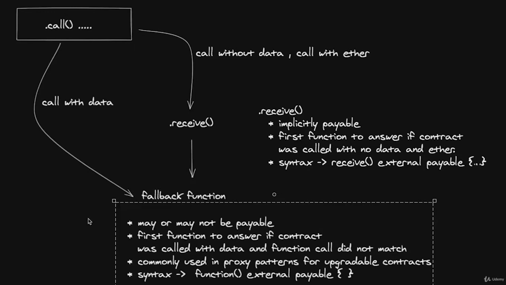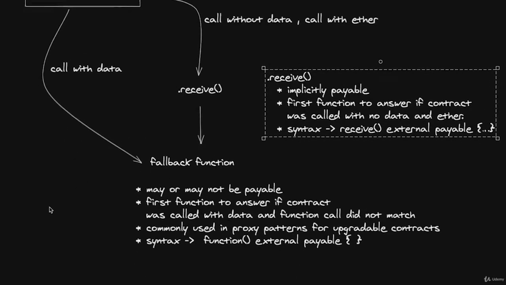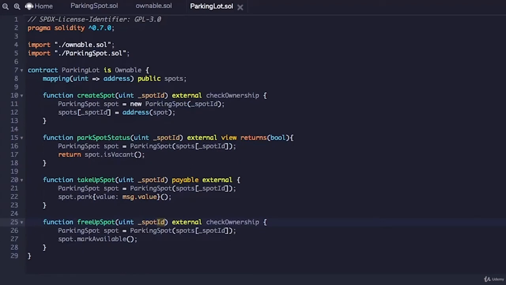While I cannot go over the application of the new fallback function, I can actually show you how receive works. And we can modify our already existing parking lot contract to use receive. And we can just dive deeper into how it actually works. All right, so let's get started. Let's open up Remix. And as you can see, we have this old parking lot, parking spot, and ownable contracts.